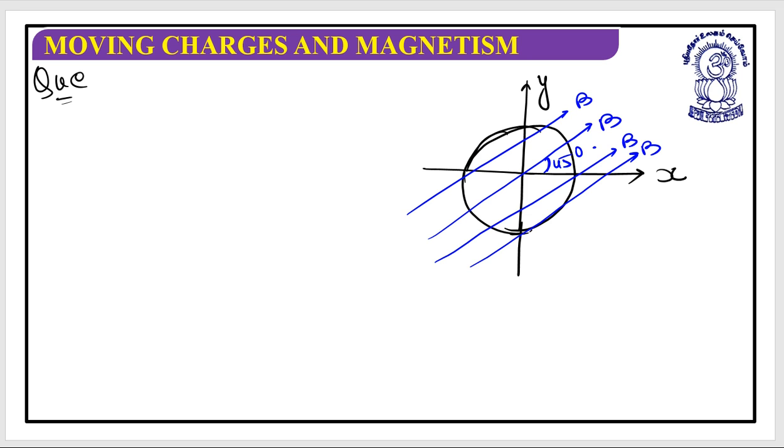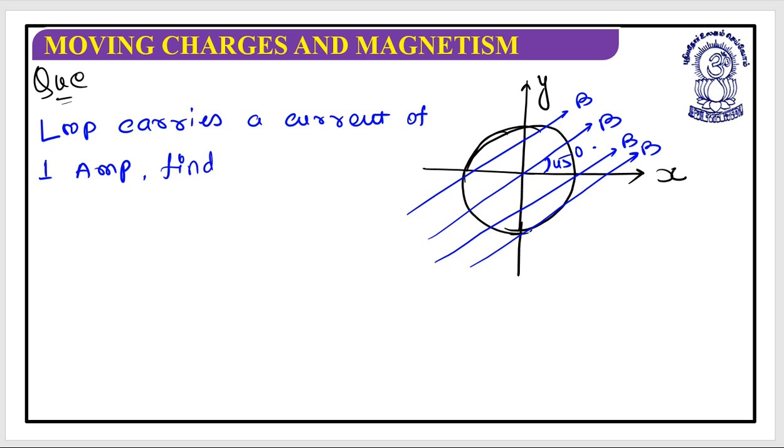So the data given is that the loop carries a current of 1 ampere. Find the torque acting on the loop.